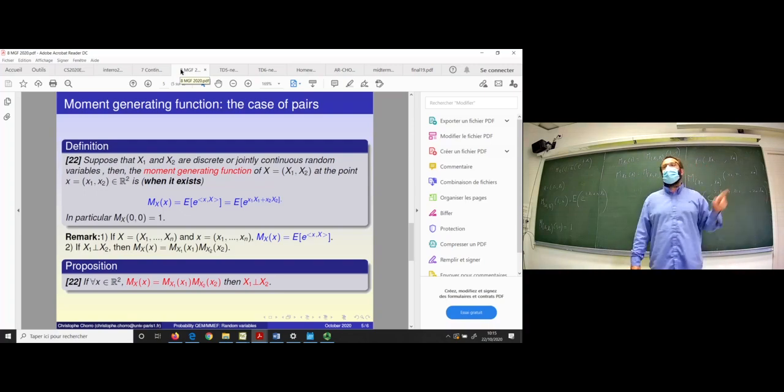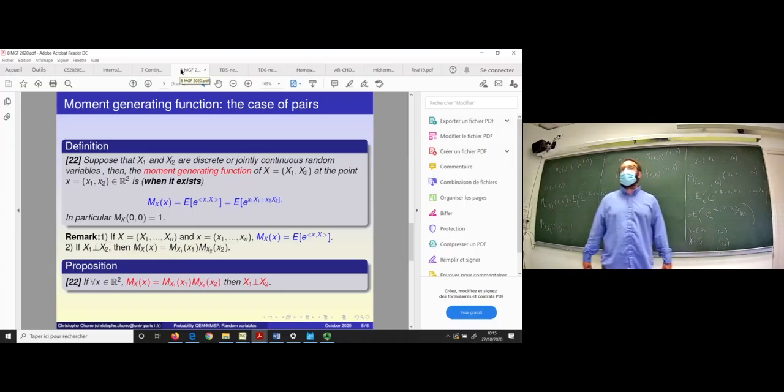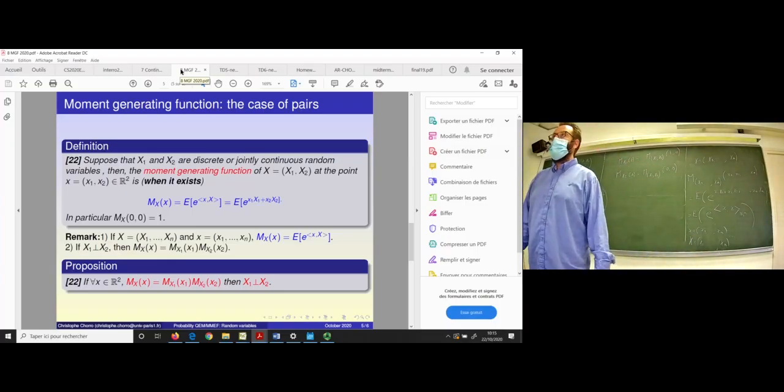This linear combination here may be written using the notation of the scalar product. It's just the scalar product, where x is the vector x1, ..., xn, and capital X is the vector of random variables. I remind you that when you are in R to the power n, the scalar product between two vectors is just the sum of the products of the components.